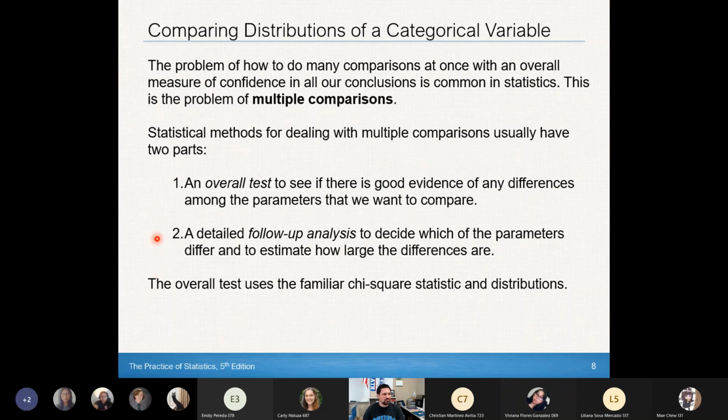Number 2, a detailed follow-up analysis to decide which of the parameters differ and to estimate how large the differences are. We only have step 2 if we find significance in step 1. There's no need to do a follow-up analysis if you fail to reject the null hypothesis. The overall test uses the familiar chi-squared statistic and distributions.